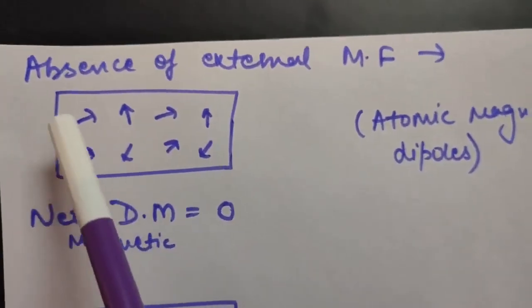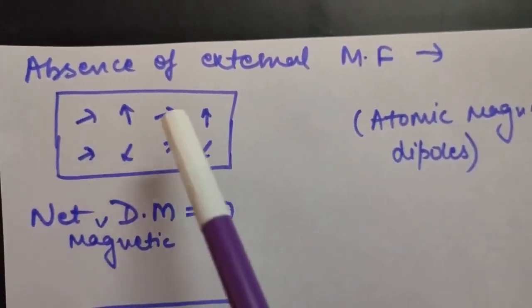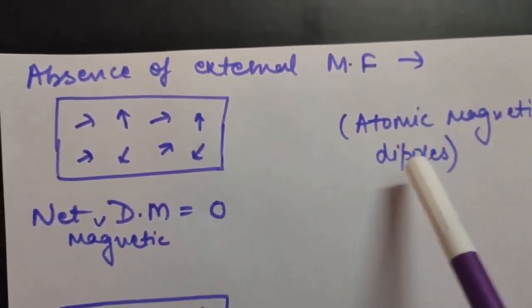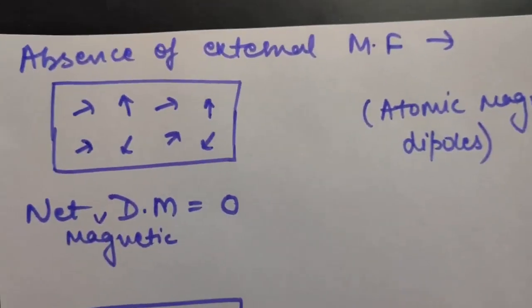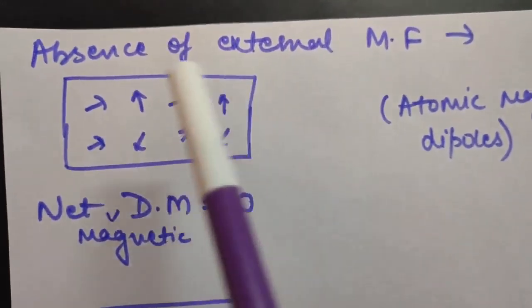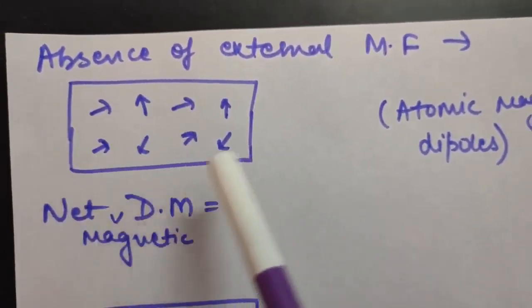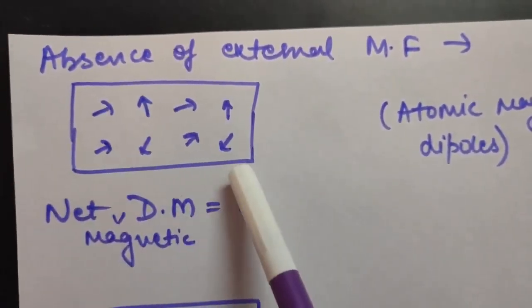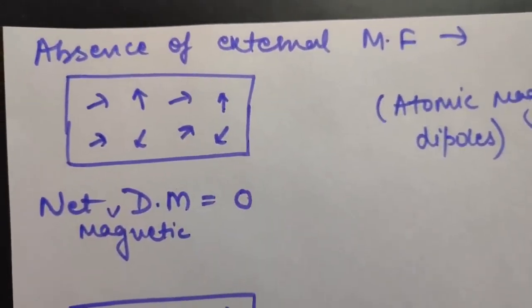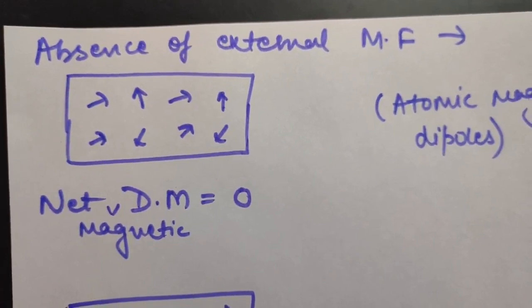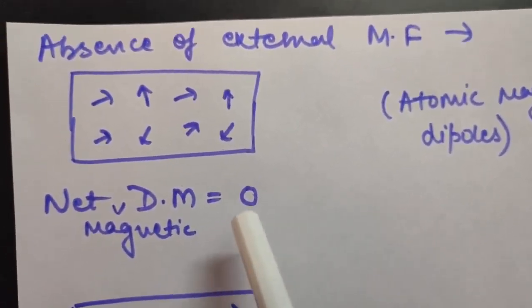This particular arrow is showing you the atomic magnetic moments. But what happens when external magnetic field is not there? Those magnetic dipole moments are aligned in random directions, as you can see in this diagram. So we can say net magnetic dipole moment in the absence of external magnetic field will come to be 0.